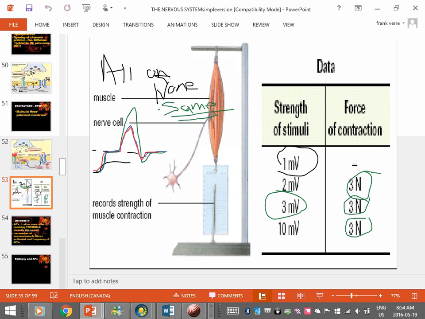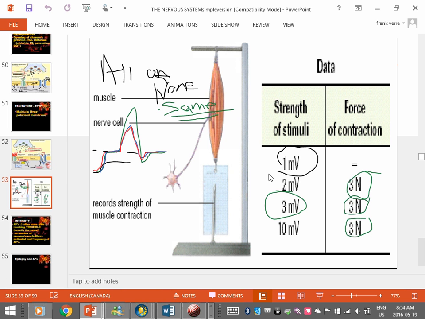So let's start off with a concept when it comes to neurons. I want to show you this data. Take a look at this information. It says that if you take stimuli, and the stimuli has a voltage, this is in millivolts.